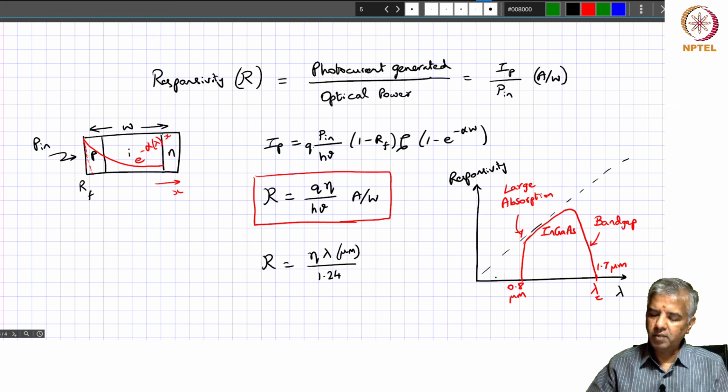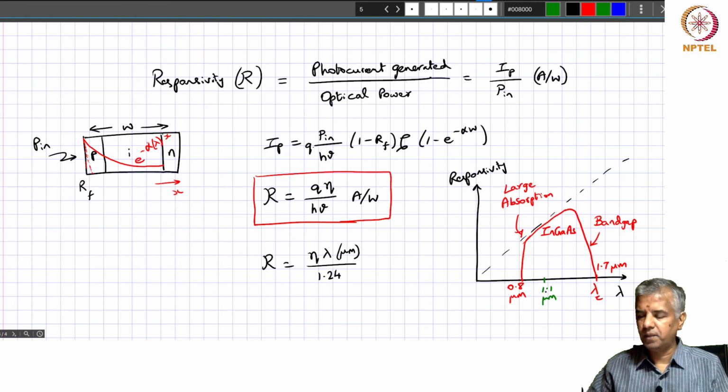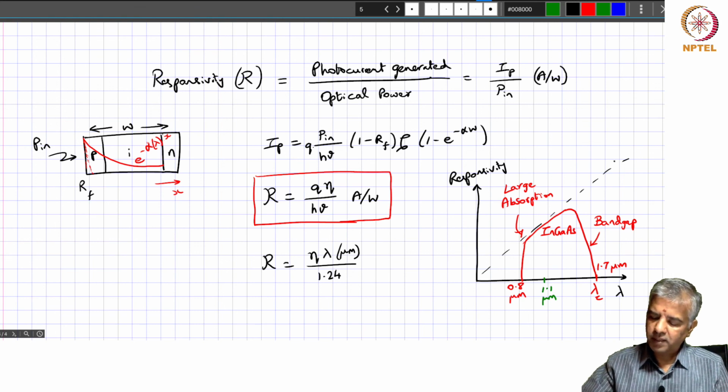For a silicon photodiode, the cutoff is at about 1.1 micron; the band gap energy corresponds to a cutoff wavelength of 1.1 micron. If you had the same eta value, it will tend to be like this. This is typically good until about 0.4 micron.